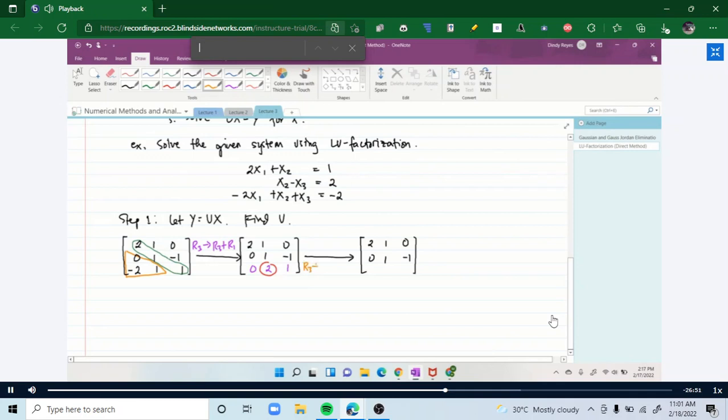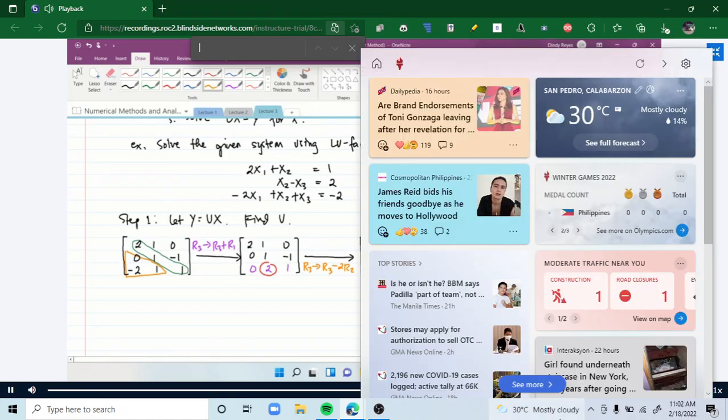So we are changing R3: R3 minus 2 R2. If we multiply R2 by negative 2 and add them together, we get a 0 here. So this is still a 0, this becomes a 0, and then for the last entry, 1 plus 2, we get a 3 here. Now we have an upper triangular matrix. This is our U. We already found it.